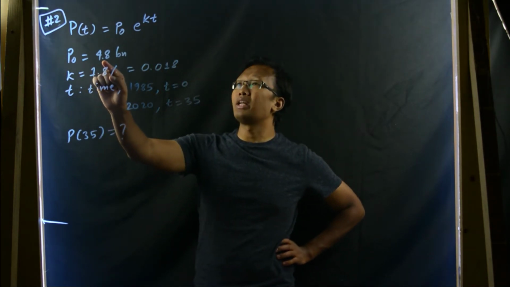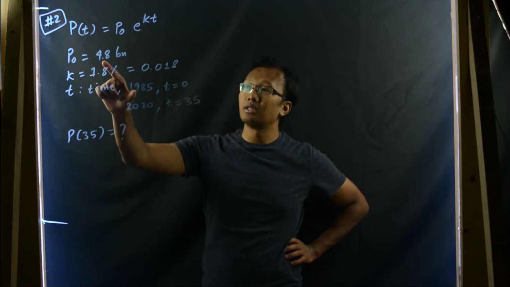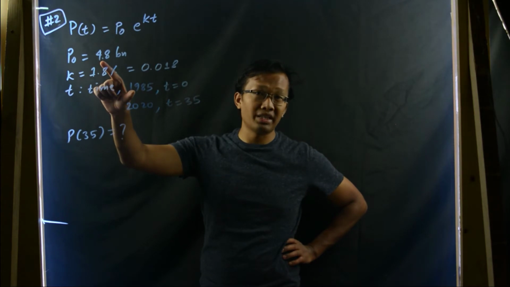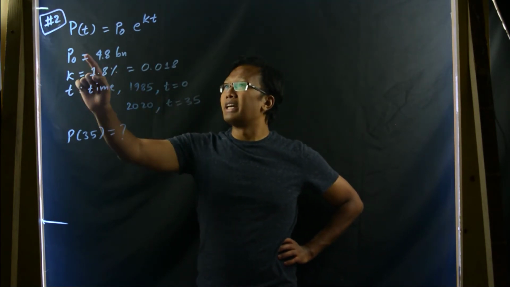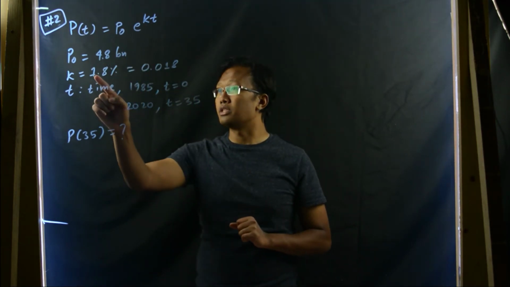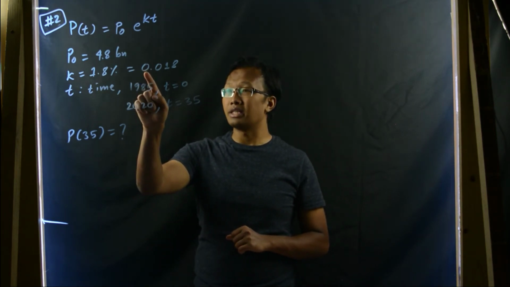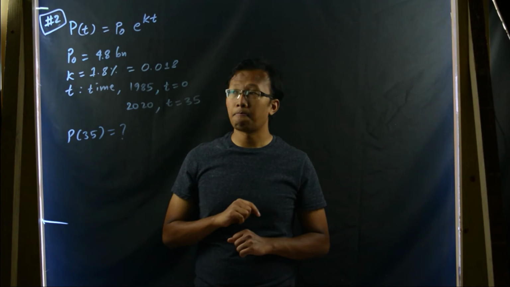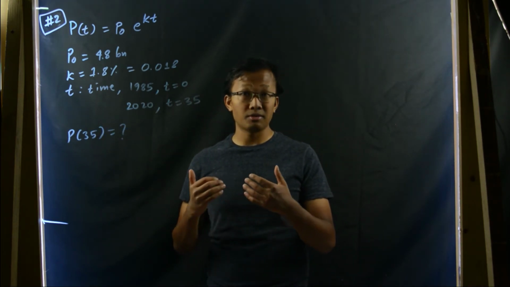That means when it was the year 1985, the population is 4.8 billion, so we suppose that to be t equals 0. And k is the growth rate, which is 1.8%, so in decimals we can write it as 0.018. Time in this case is in terms of years.